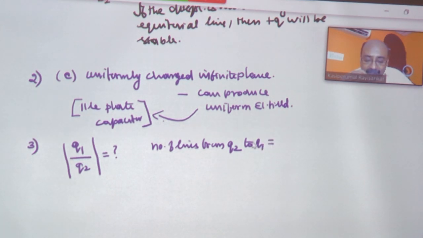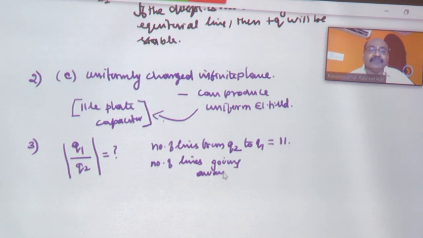When you count 1, 2, 3, 4 like that, you get 11 electrical lines of force starting from Q2 and terminating at Q1, as given in your book according to the diagram. Then the number of lines moving away from Q1.